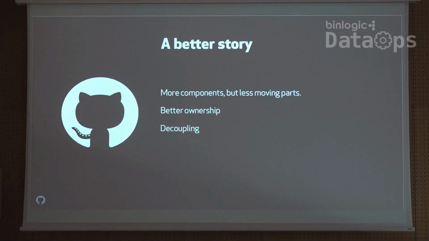So there's more components, but they're less dependent on each other, and they can each operate and focus on what they do best. And they are each highly available and trusted. So we feel very comfortable with that setup.